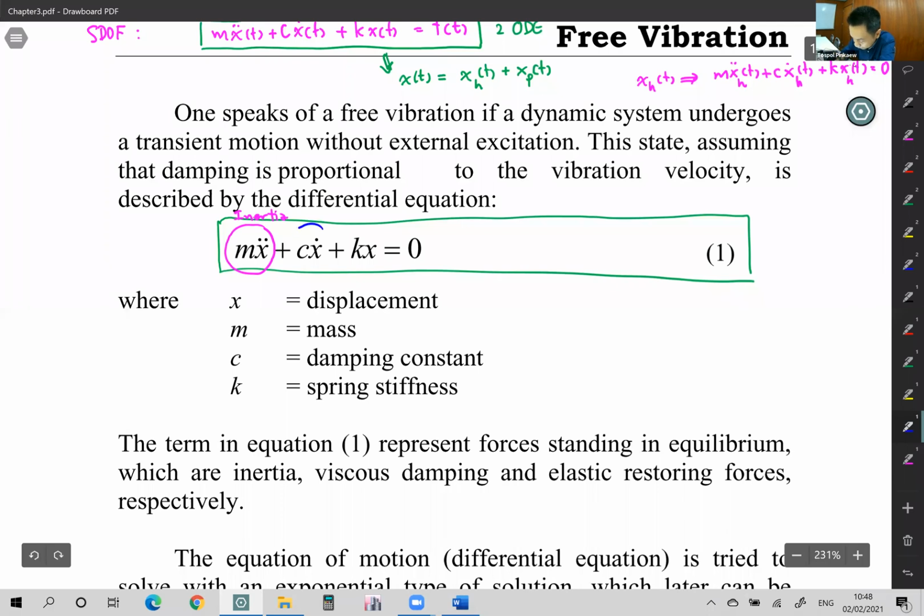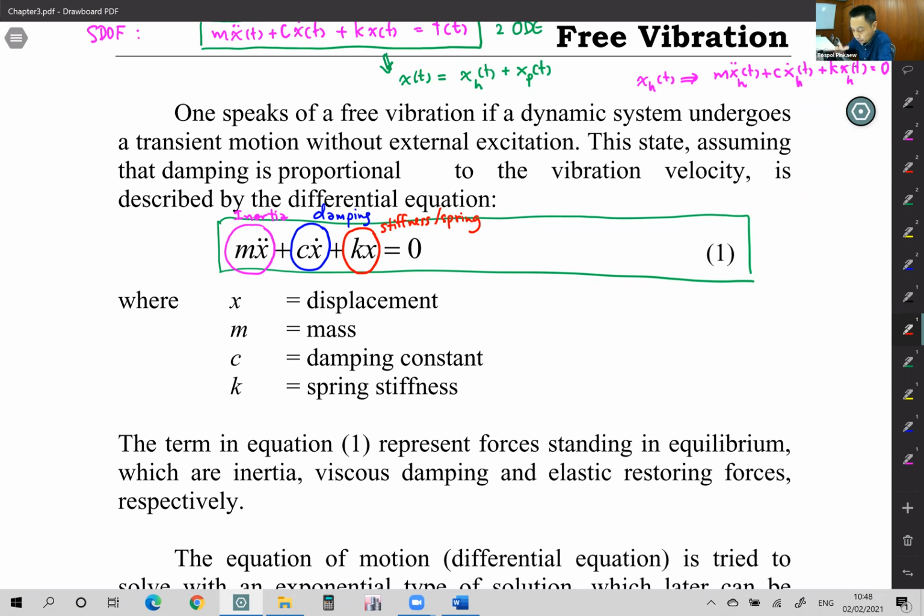The second term is the damping term, the damping force, and the last term on the line is the stiffness term. Some people call it spring force or restoring force. There are many names for this term: spring, stiffness, or restoring.